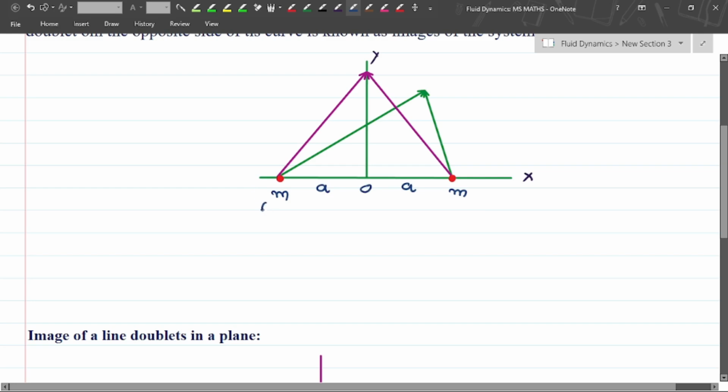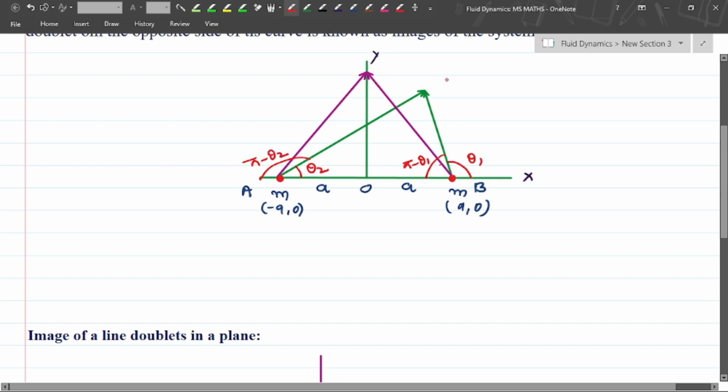The coordinates are minus a, 0 and a, 0. I say this is point A and this is point B. The green line subtends the angle theta 1 with the x-axis, and it is pi minus theta 1. Here it is theta 2, then this is pi minus theta 2.